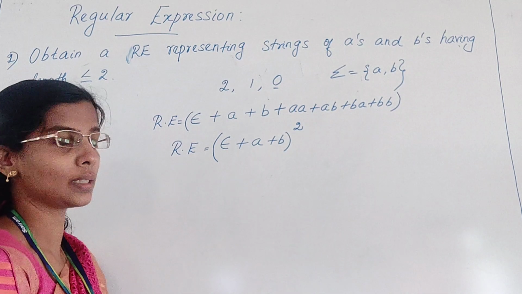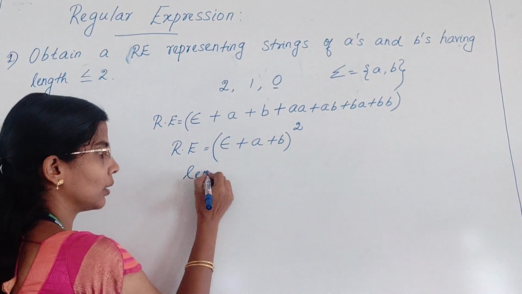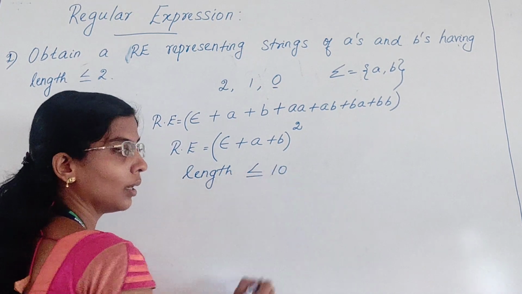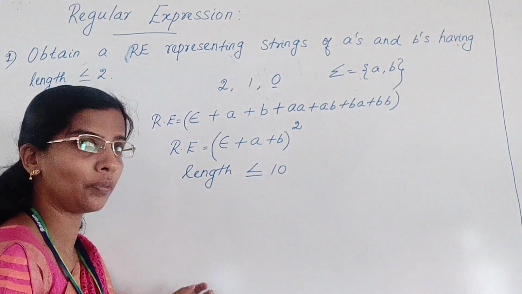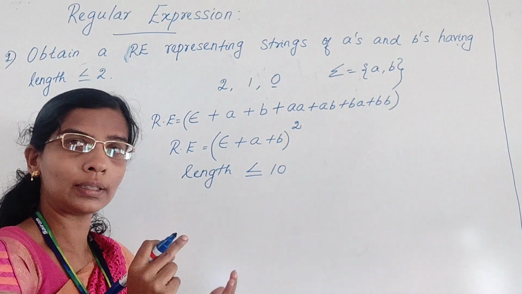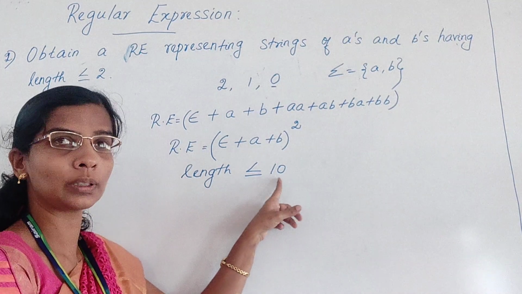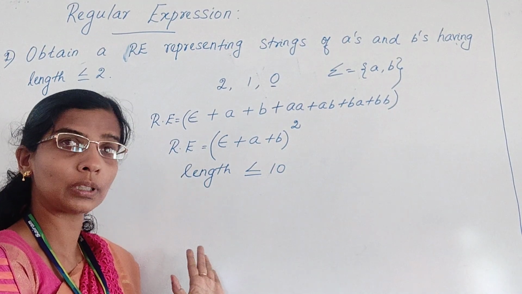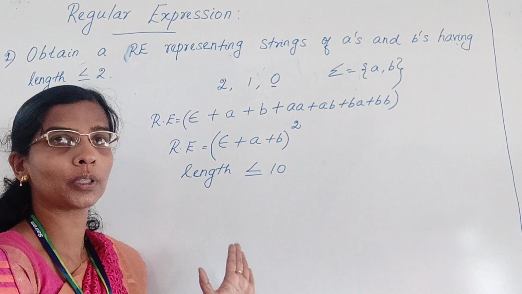Suppose your question is length less than or equal to 10. How will you write your regular expression? Whenever you see length less than or equal to, 10 length is possible, 9, 8, 7, 6 up to 1 is possible, and even 0 is also possible.